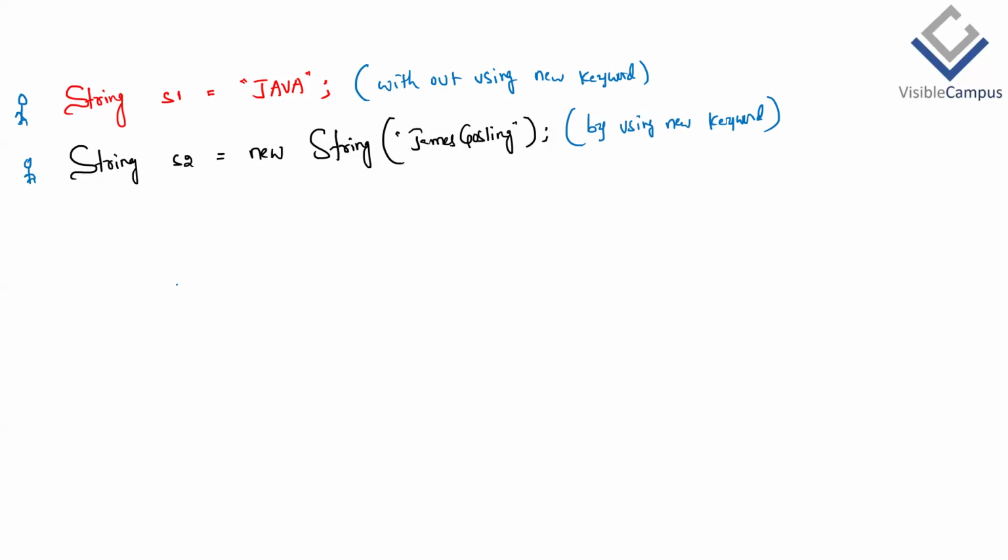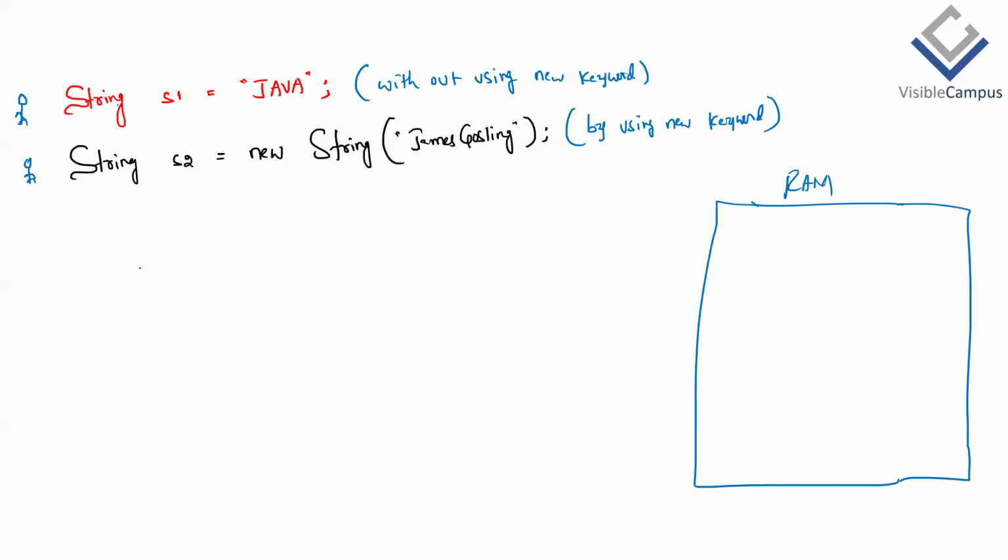The difference is, whenever we write this line of code and JVM executes this line of code, in RAM there are different memory locations. And for JVM to execute, we write this inside a main method. Assume that it is inside a main method. With the first approach, that is without using a new keyword, the different memory segments are there.